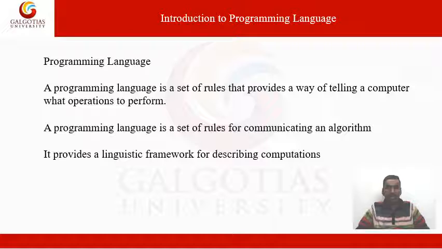Whatever you have mentioned in the flowchart, pseudocode or algorithm should match 100% with the flow in the coding. That is very important. It's a linguistic framework for describing computations.